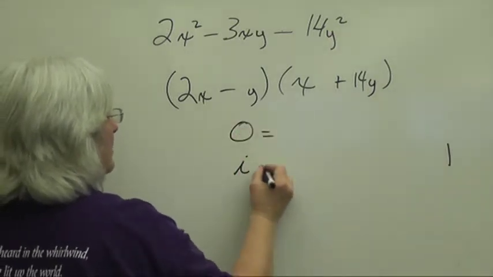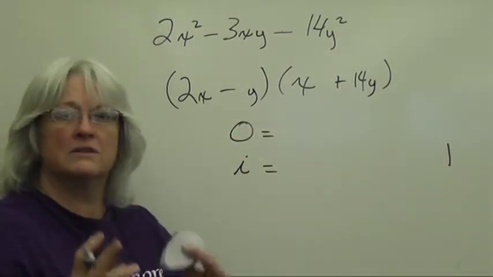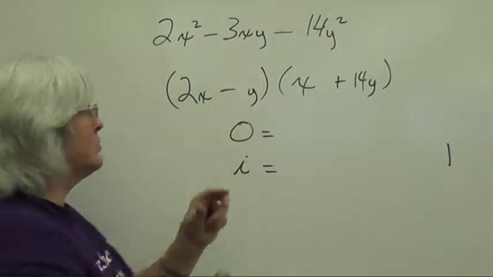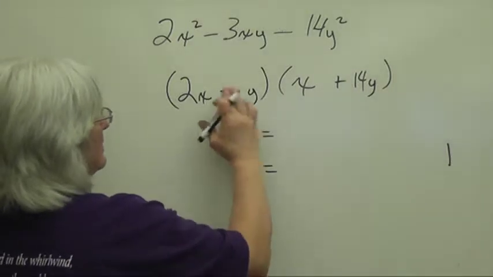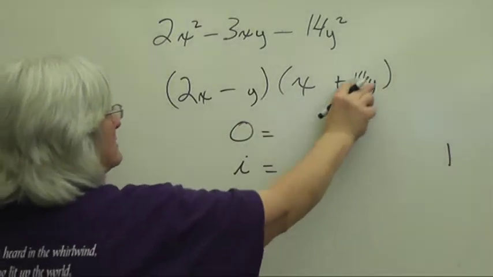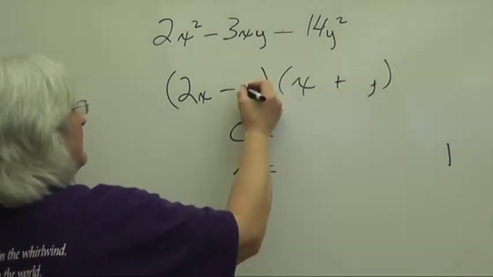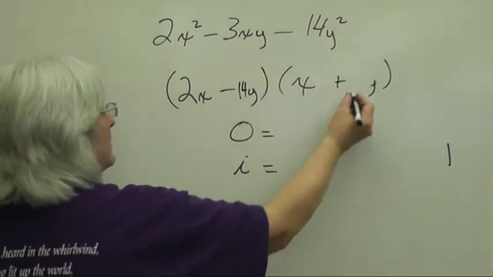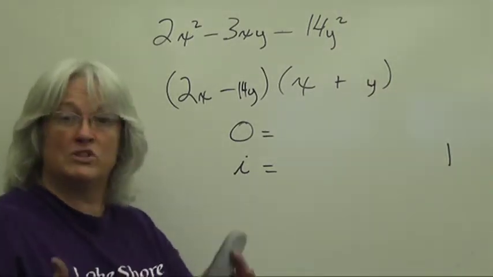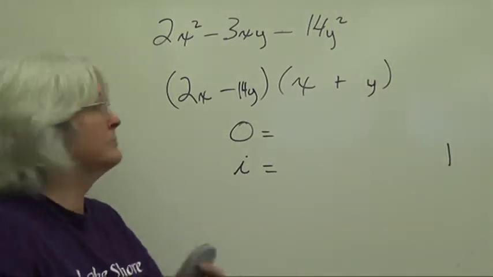The outer product and the inner product summed together have to be equal to a negative 3xy. So let's change this around. Instead of having negative 1, positive 14, let's have a negative 14 and a positive 1. Since we have the variable, we're just going to write that as a positive y.